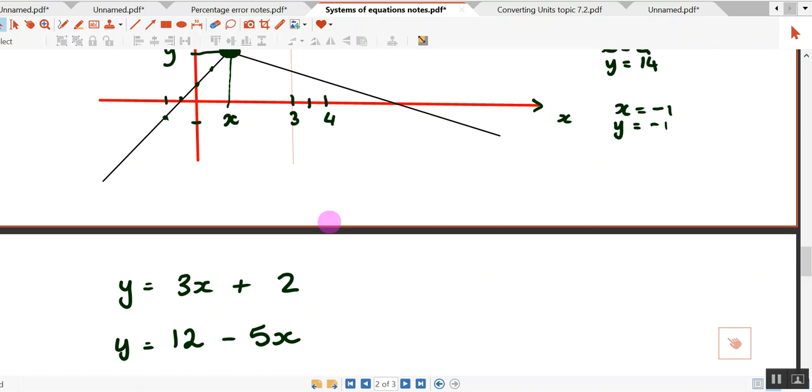If they're the same gradient and not the same line, they are parallel, and there will never be a solution. This is something we will eventually talk about. So the fact that they do cross means they share a point, which means the gradient must be different.